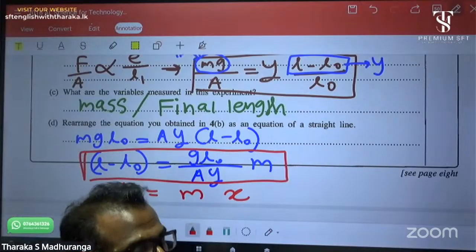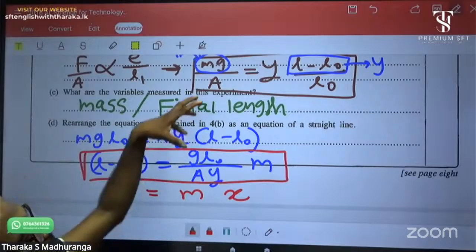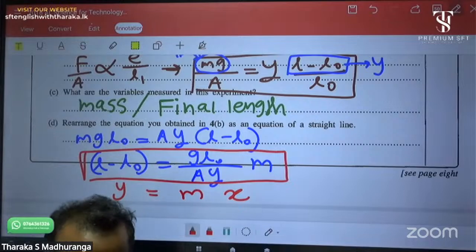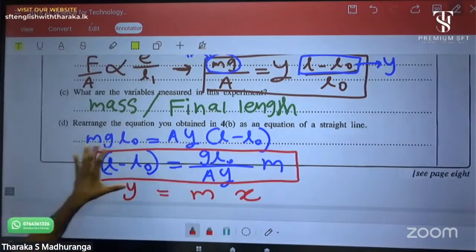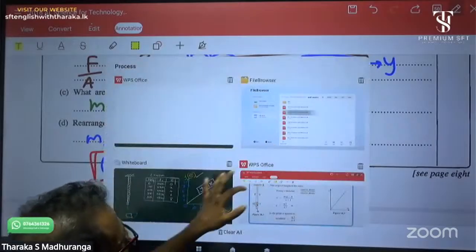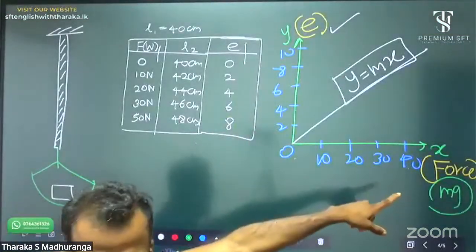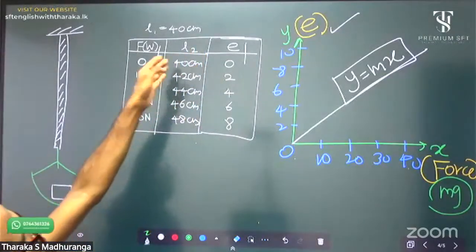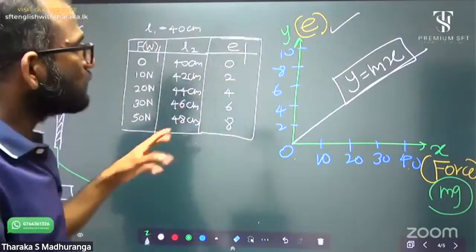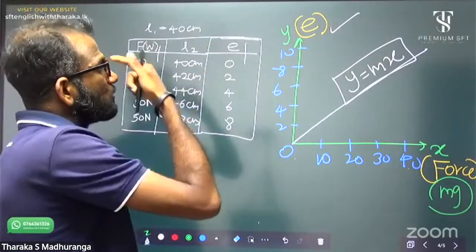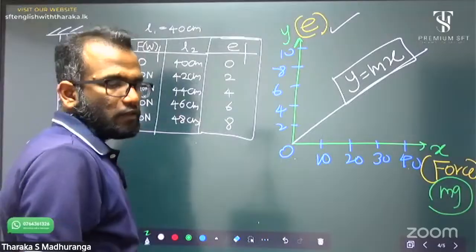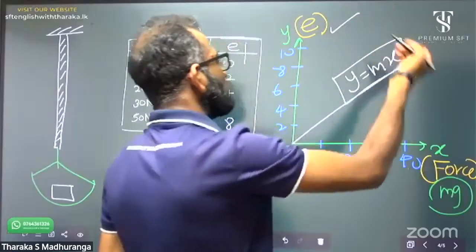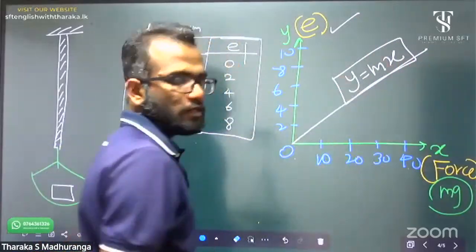Normally in any experiment, Tanya, there are two factors, independent factor and dependent factor. This is an experiment in which we increase the load, the applied force, and measure the final length. Then we can get the extension. The relationship between extension and applied force is marked on a Cartesian plane.